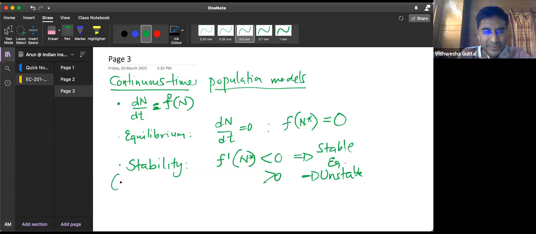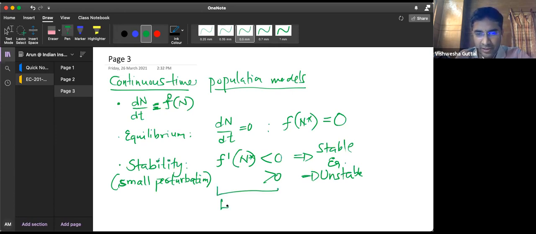And remember, stability is defined for small perturbations, because in our derivation we ignored all the higher order terms in the Taylor series. We only looked at the first order term, which is valid only if the perturbations are really small. Therefore this analysis is also called linear stability analysis.